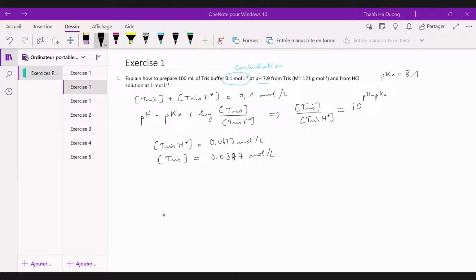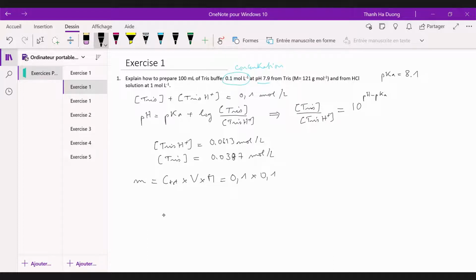So to prepare a Tris buffer, we need Tris, which is a solid. The mass of the Tris you need is the total concentration of your buffer times the volume of your solution times the molecular mass of the molecule.